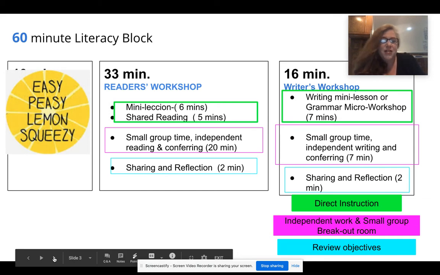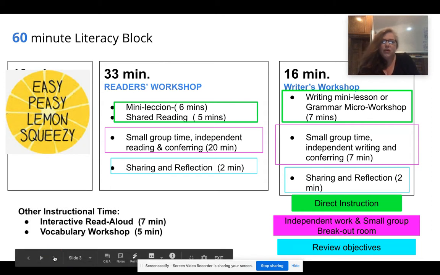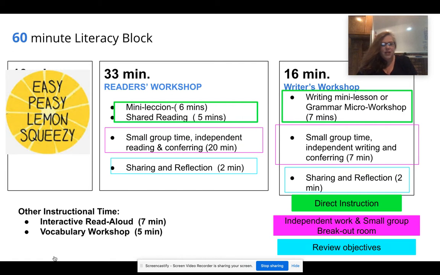So again, I'm not going to talk about the phonics because it's pretty straightforward, and it just has a mini lesson, and it's not as complicated or detailed as the readers and writers workshop. So Benchmark also has this side note that says you can do interactive read aloud and vocabulary workshop at another instructional time.